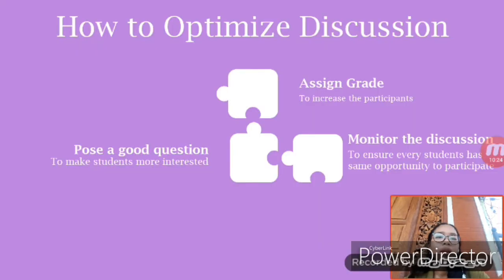And the next, how to optimize discussions. There are three ways that can optimize discussion, which are assigning grade.